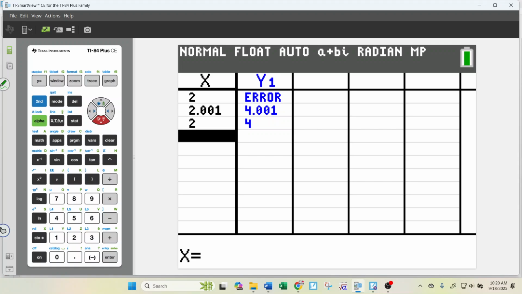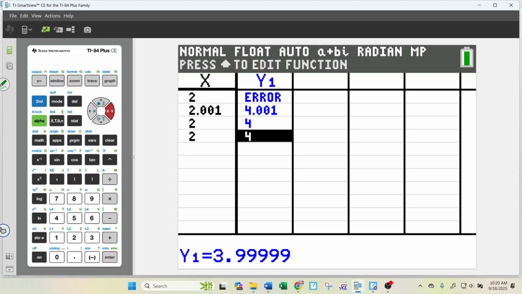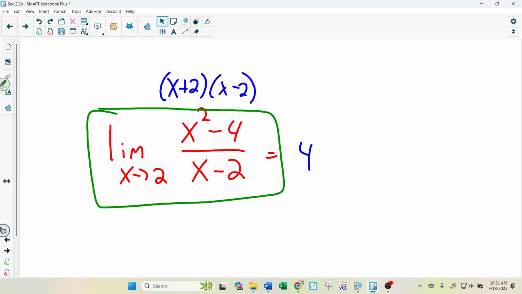And then we also know we have to consider both ways, right? We're not saying if you put 2 into this fraction, it equals 4. You can't put 2 in. It's undefined. What we're saying is as we put a number in really close to 2, we get an answer really close to 4. How close?